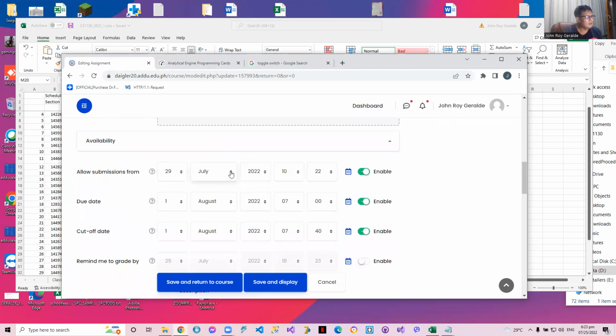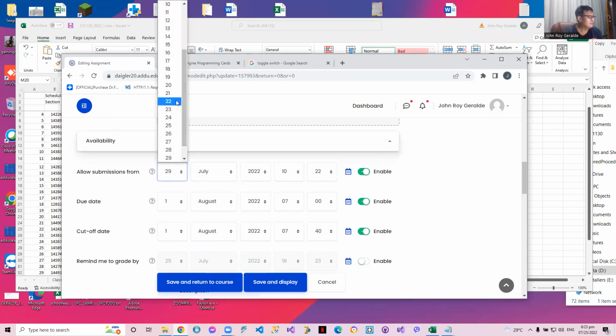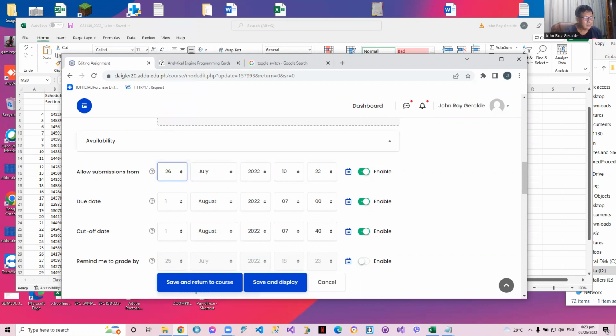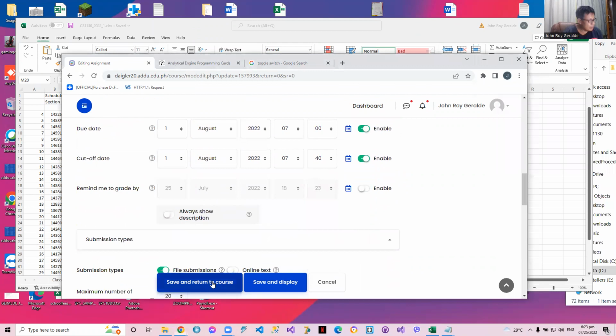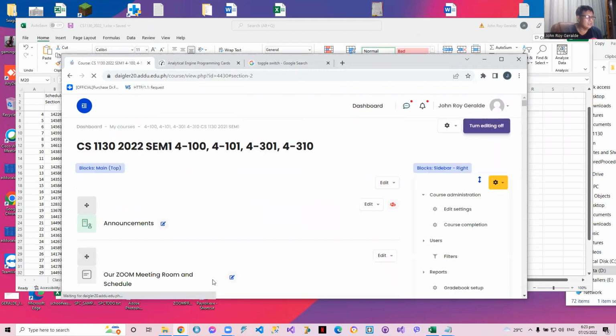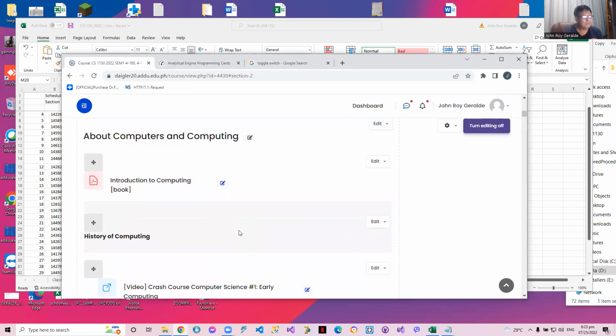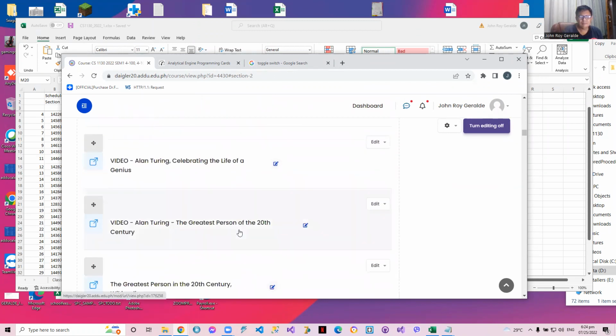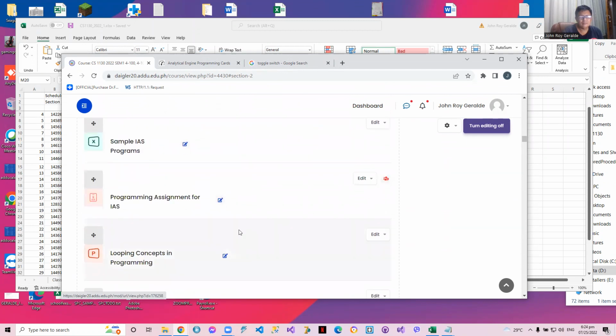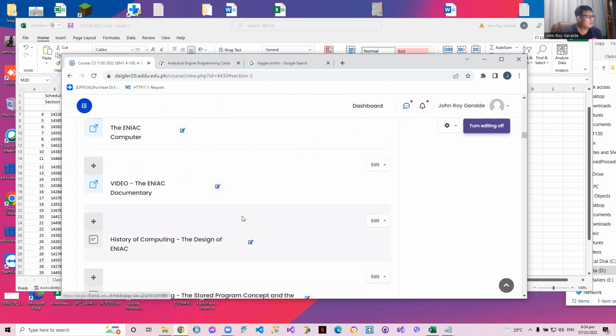July 29 pang ano? What date is today? 25 pala, no? July 26. What date is Monday? August 1, okay? So July 26, starting tomorrow, because the other classes will also have to start by tomorrow, okay? Any questions? The assignment will be open tomorrow.